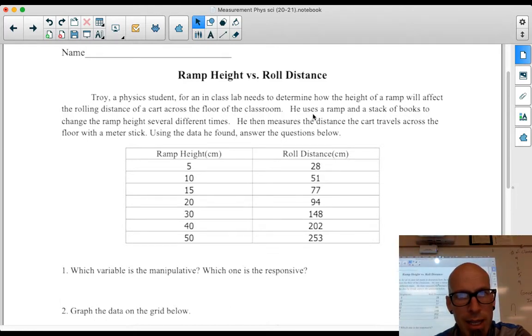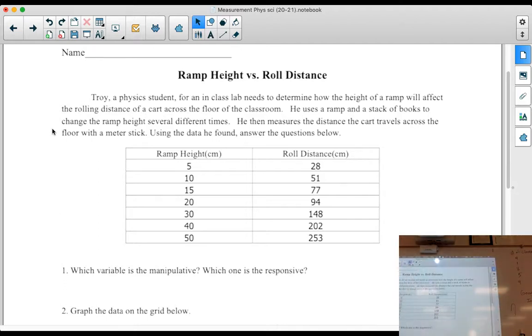Now, it goes on to say he uses a ramp and a stack of books to change the ramp height several different times. The word change or alter.